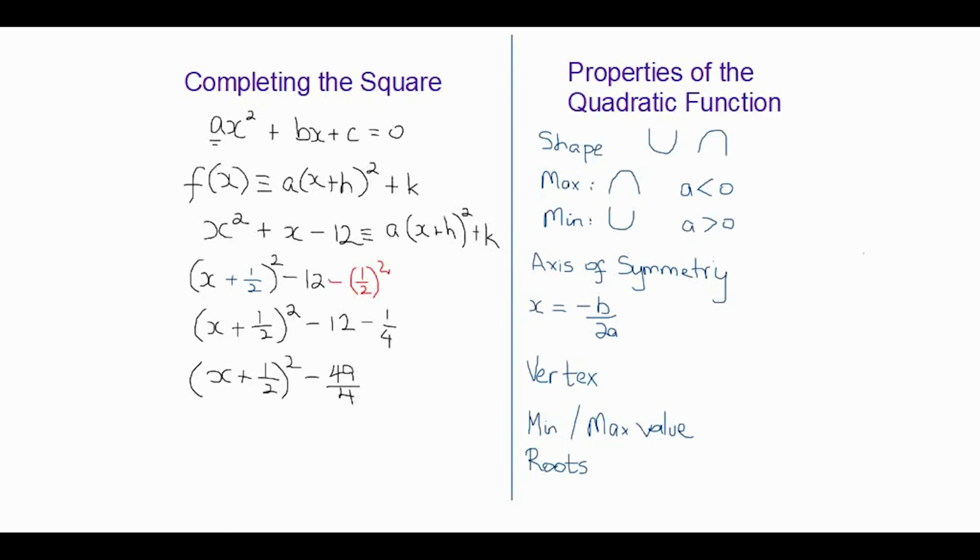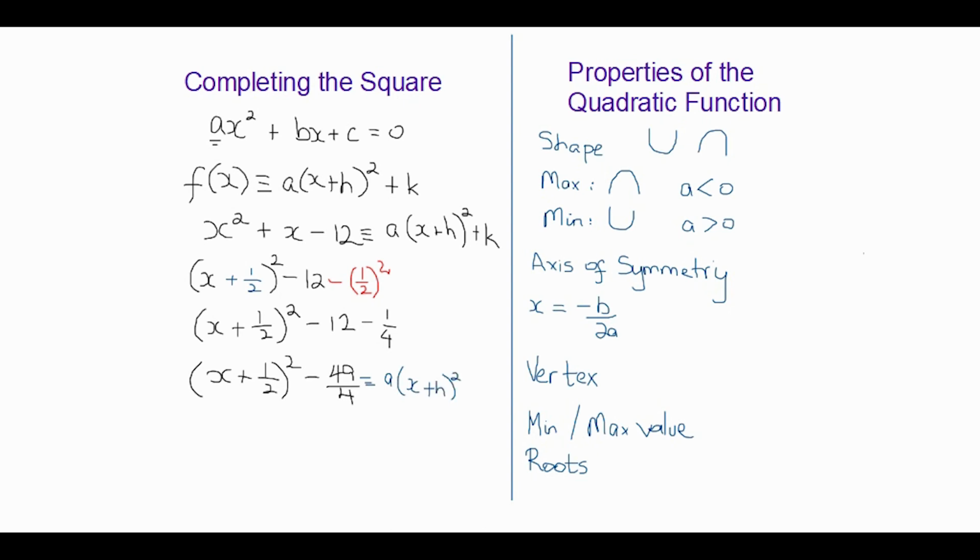So now that I've simplified this minus 12 minus a quarter, I get minus 49 over 4, and that there expresses my quadratic expression in the desired form. So this is in the form a x plus h squared plus k.